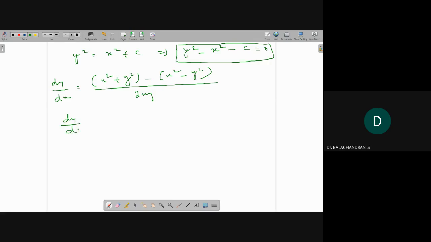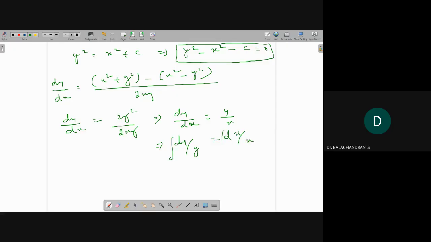Dy by dx is equal to 2y square by 2xy. This implies dy by dx is equal to 2 gets cancelled, y by x. So y by x. So this implies dy by y equal to dx by x.